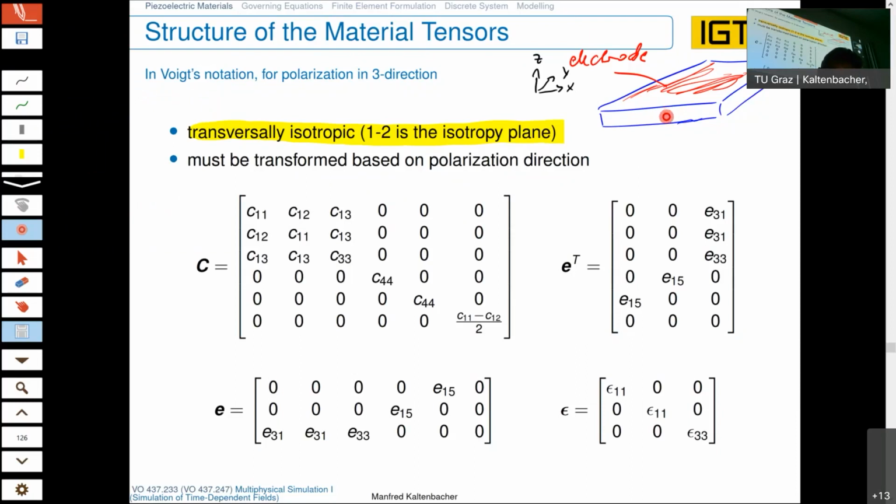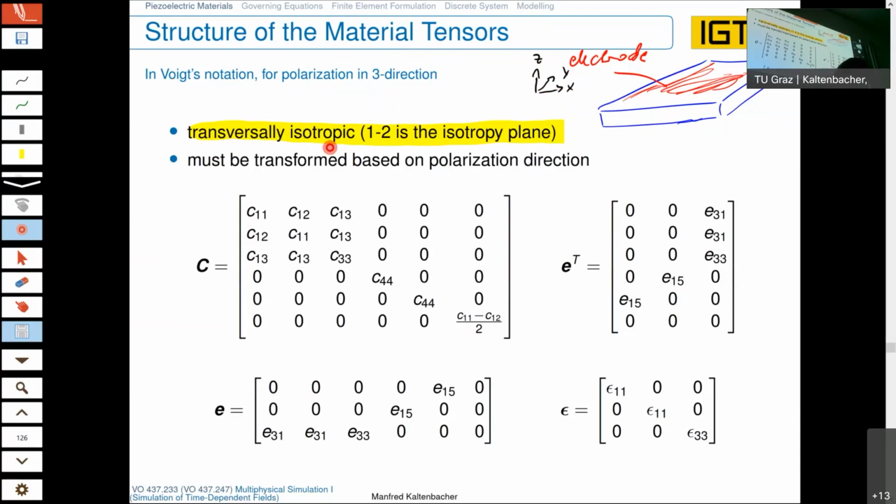And then you get this anisotropy just in the thickness direction, and you are isotropic in the XY plane and different in the Z direction, and that means transversal isotropic.